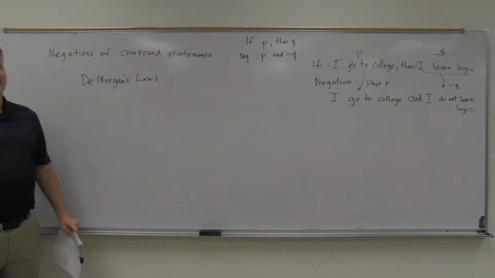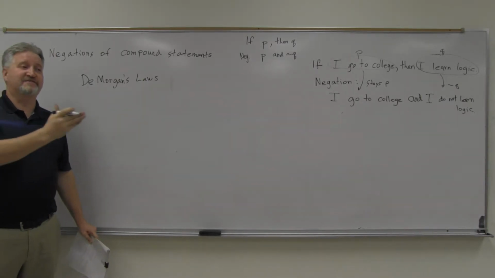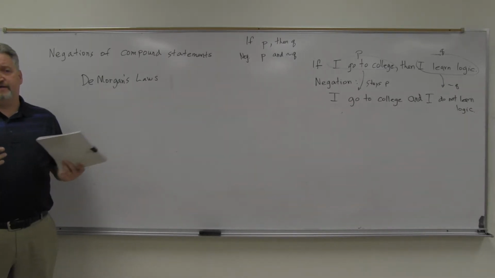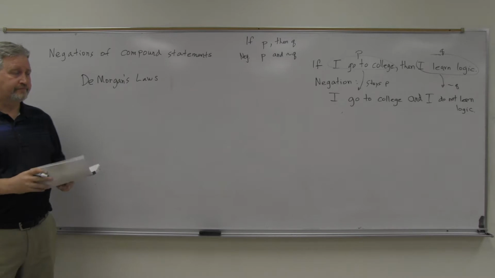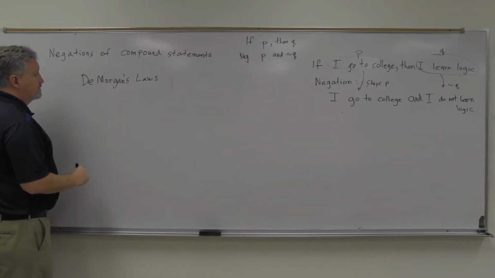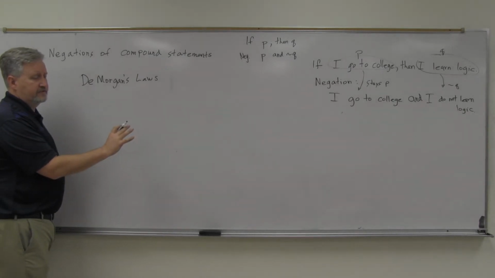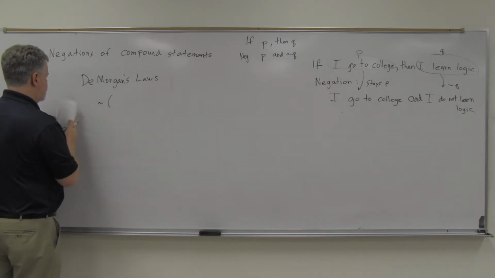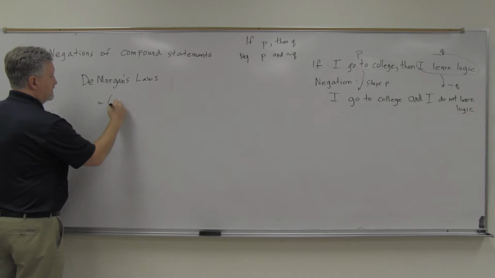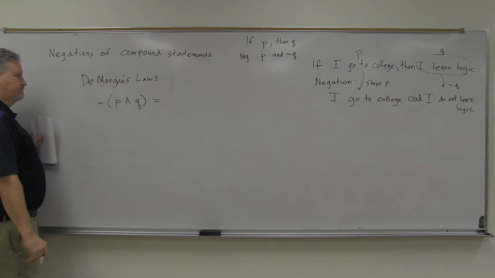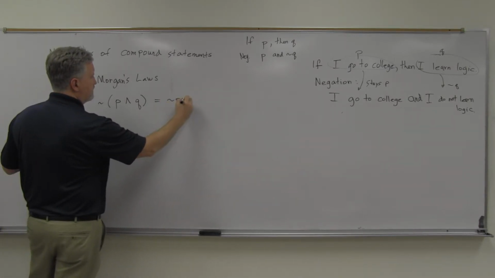De Morgan's laws are just the negations of the and and the or statement, usually arranged in a notational way. Here's the way you'll usually see these. The negation of parentheses P and Q equals not P or not Q.